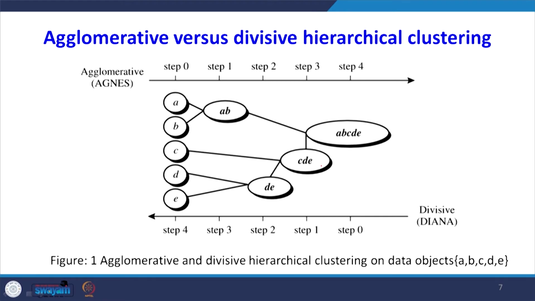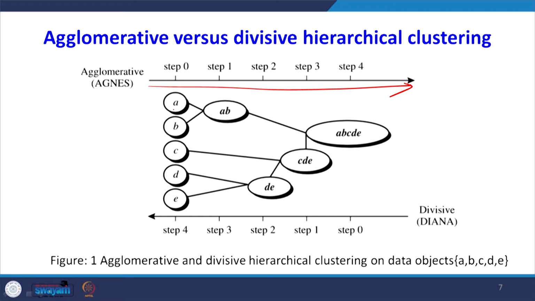You see that the arrow for the agglomerative method is going this side. There are 5 objects, A, B, C, D, E. We start with each object in a separate cluster. In step 0, there are 5 clusters, each cluster having only one unit.